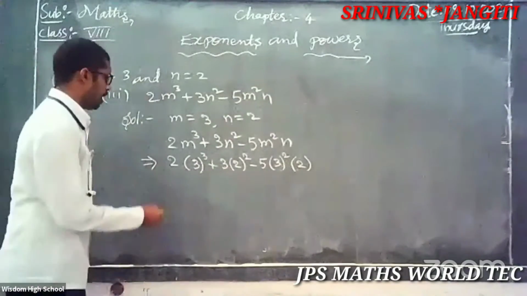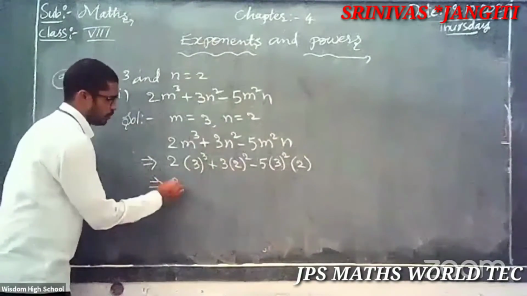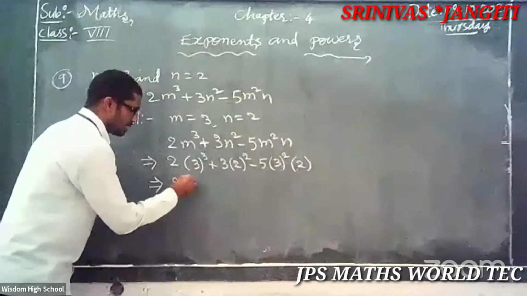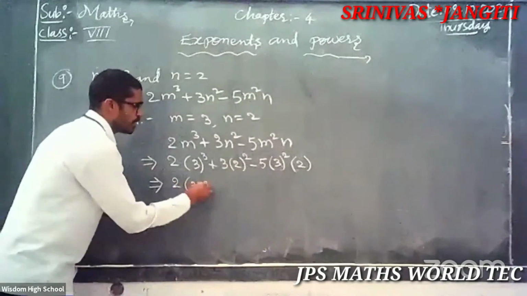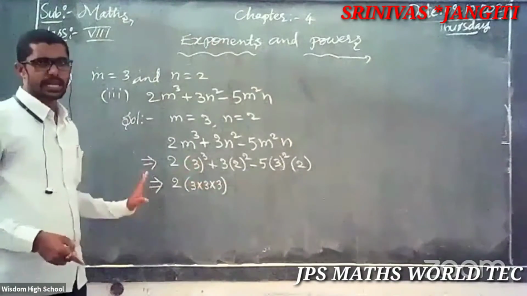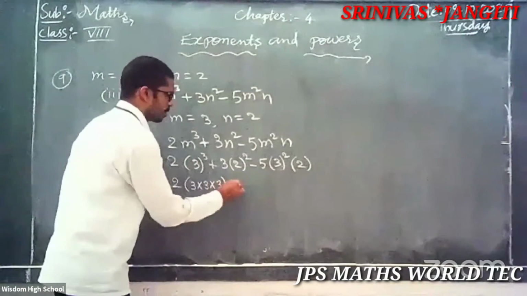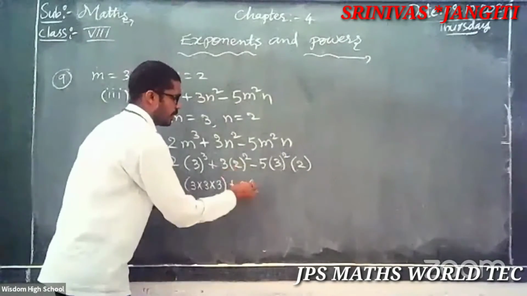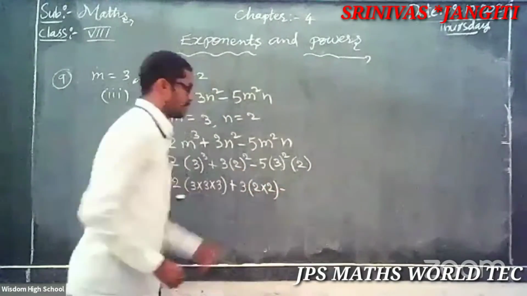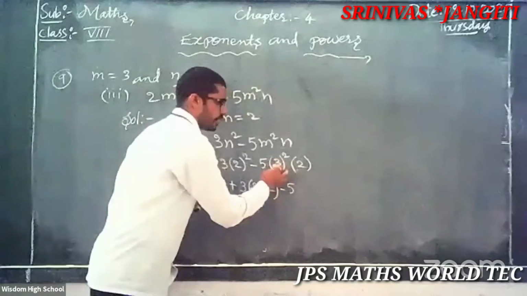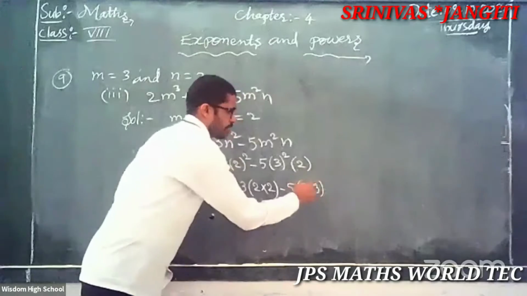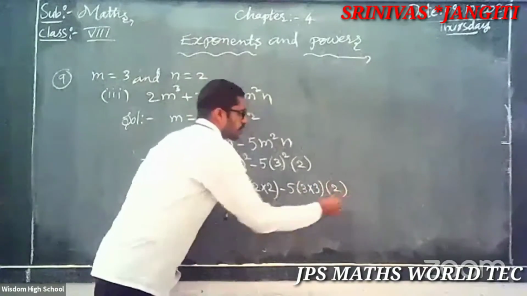Simplify. That implies 2 into 3 into 3 into 3. Is it correct? How many times? 3 times, that's why. Then plus 3 into 2 into 2. Then minus 5 into 3 into 3, then into 2.